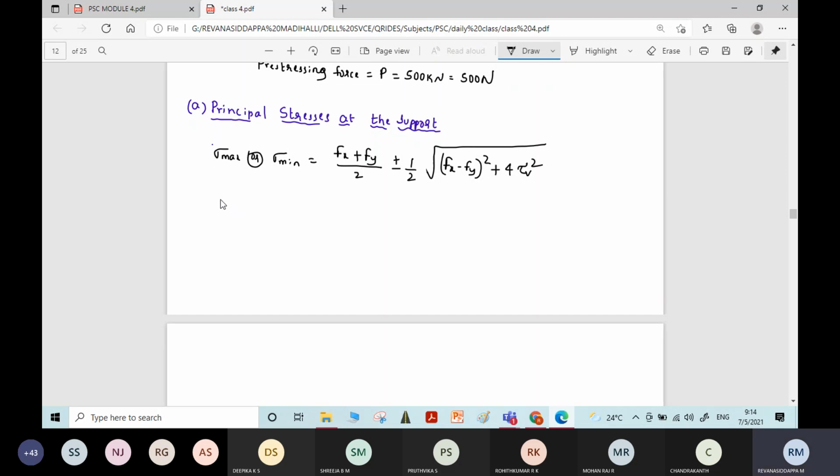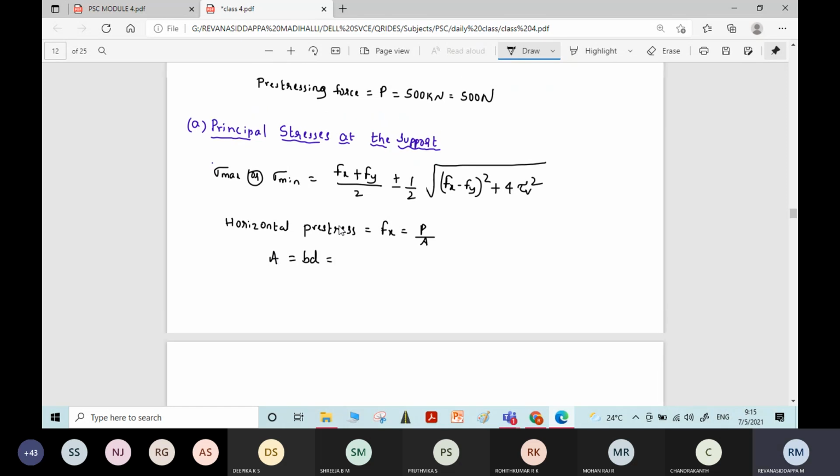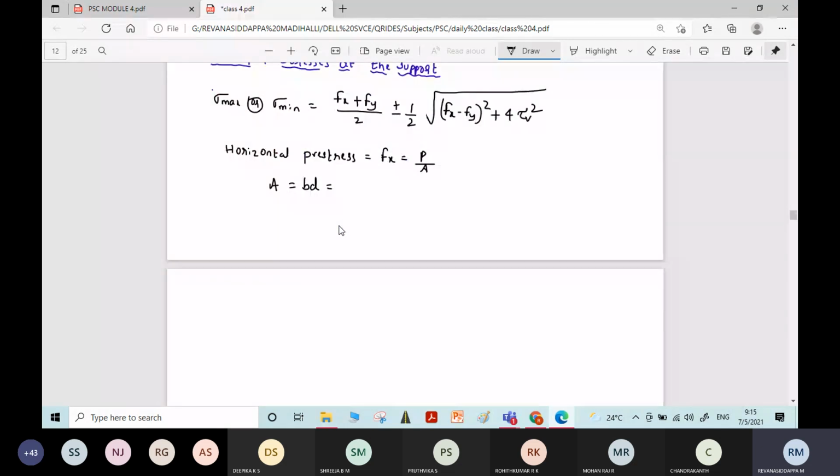First you find fx, horizontal pre-stress. fx is equal to P by A. Area of cross section we can find, A is equal to b into d. Width of the beam is 200 and depth of the beam is 400. 200 into 400, 80,000 mm square.